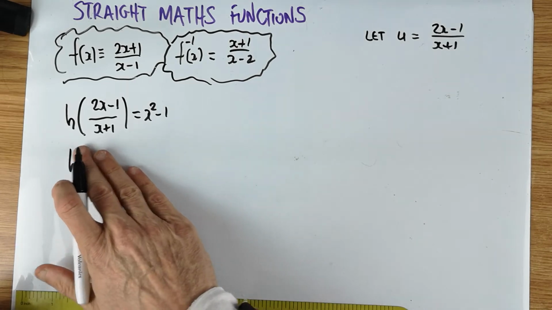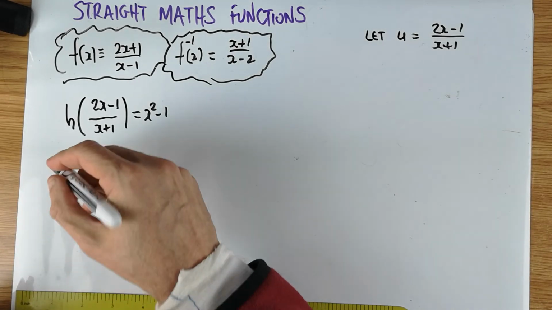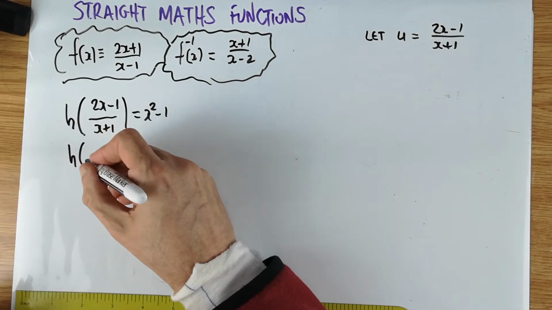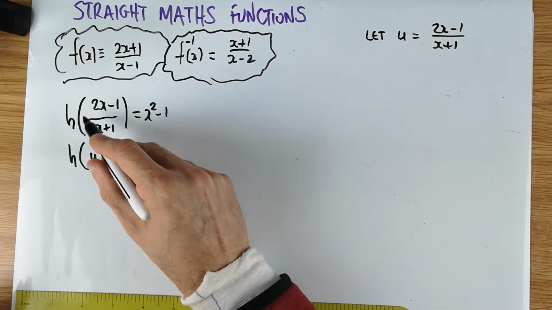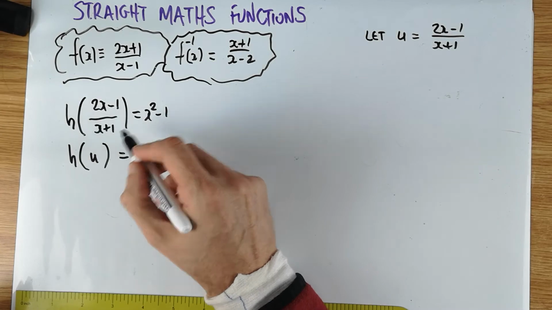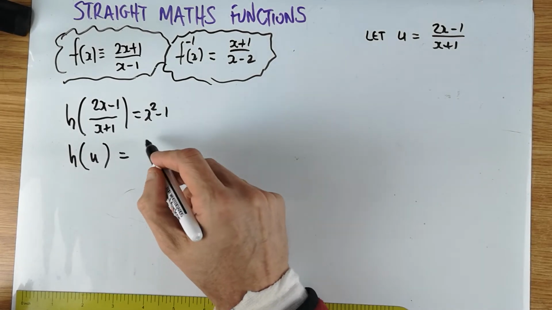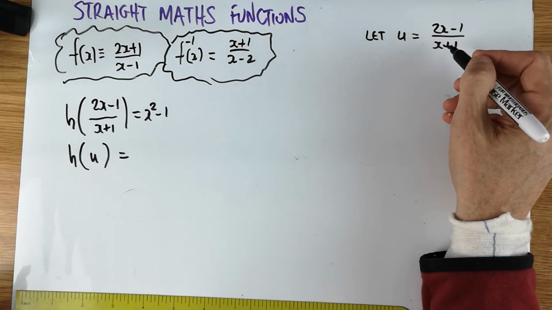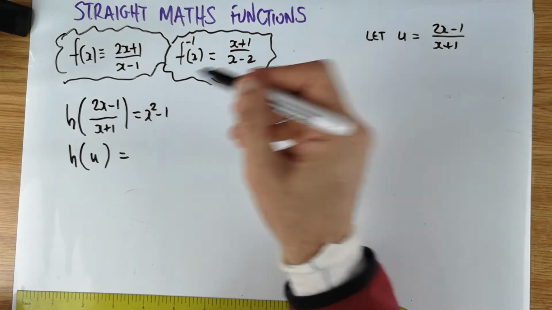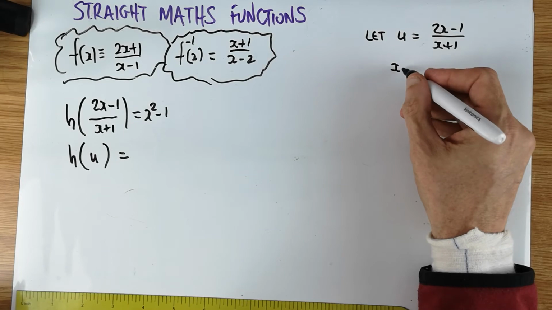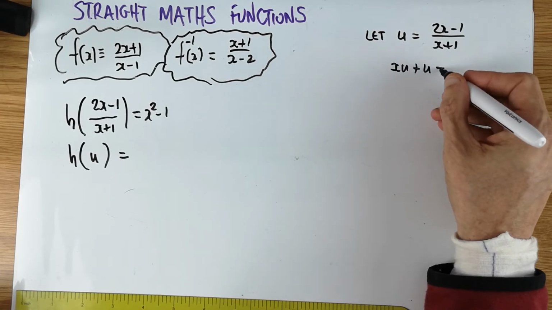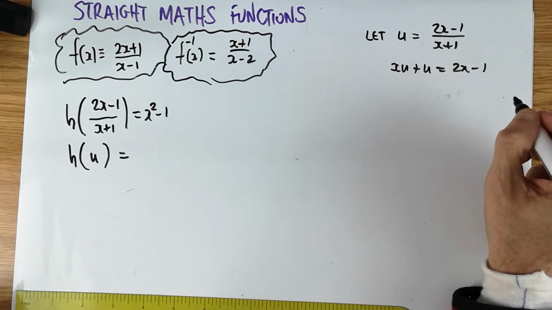So basically, we replaced all of this with u. And of course, this is going to be h of u now, so we have to have u's on this side. Therefore, because now we have x's on the other side, we need to make x the subject here quite clearly. So times it across, xu plus u is equal to 2x minus 1.